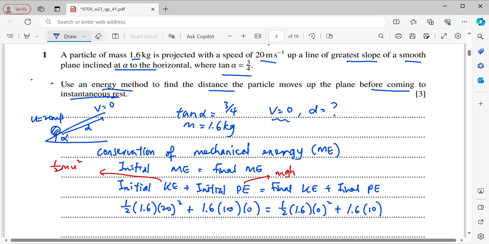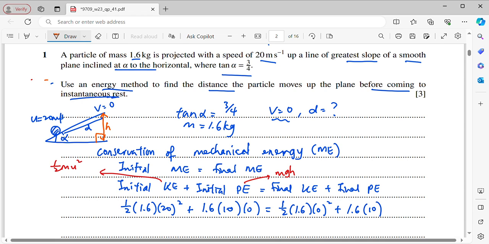The h is counted as the vertical height. When you refer to this triangle, to connect h, alpha, and d, obviously sine alpha is h over d.